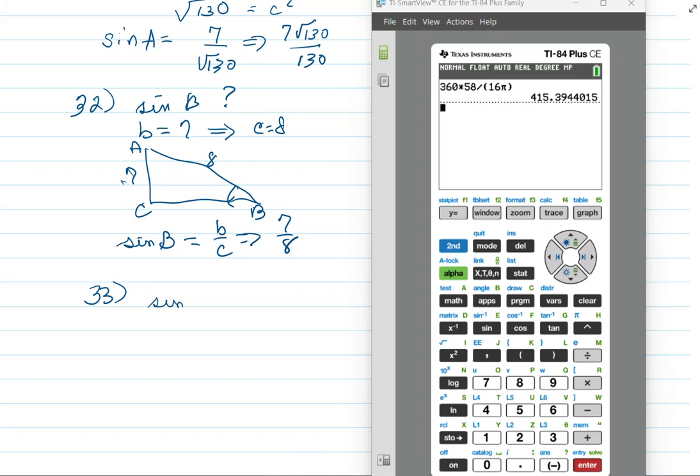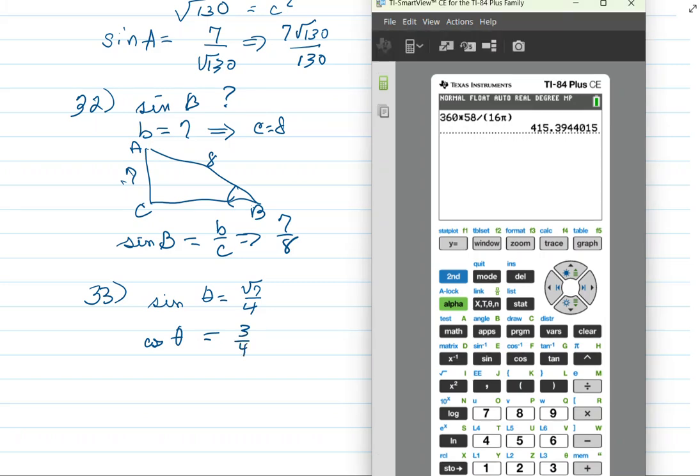Yeah. Okay, the sine of theta is the square root of 7 over 4, and the cosine of theta is 3/4. All right, and they said find tan, and they want us to use identities to find exact values.